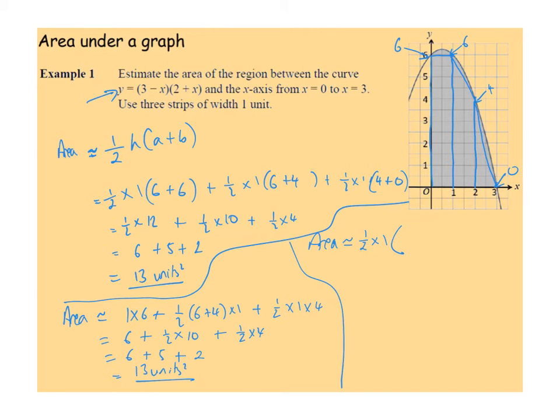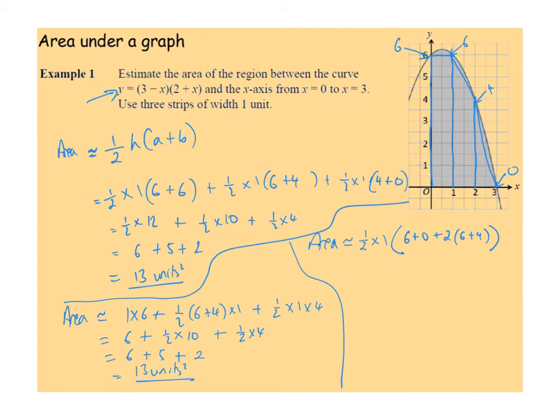The lengths, but we need to be careful. This 6 and this 4 are used twice, whereas this 6 and this 0 are used once. So we could do something like this to try and speed this up a bit. We could have the 6 and the 0 once, and then the 6 and the 4 twice.